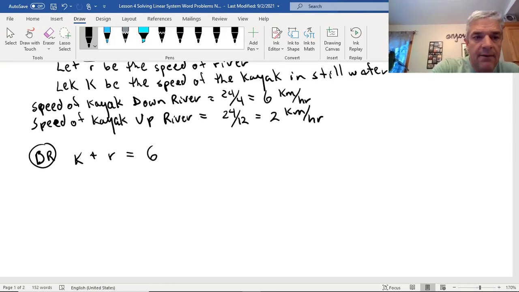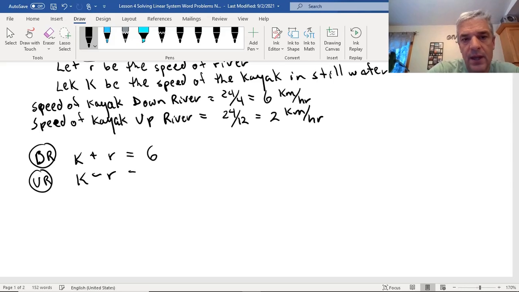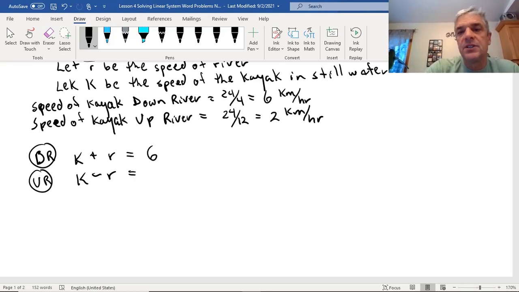And then I'm going to have UR, upriver. When I'm paddling upriver, I'm going to have the speed of the kayak, and I'm going to have a resistance, which is the speed of the river. So I'm going to subtract the speed of the river, which equals the speed that I actually go, which is going to be 2 kilometers per hour.